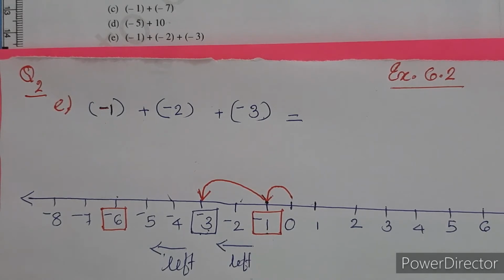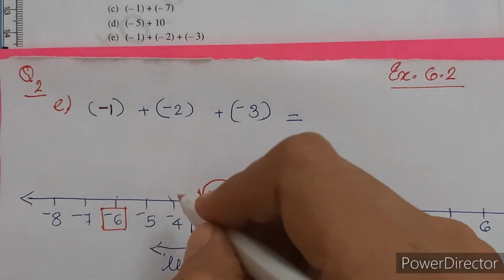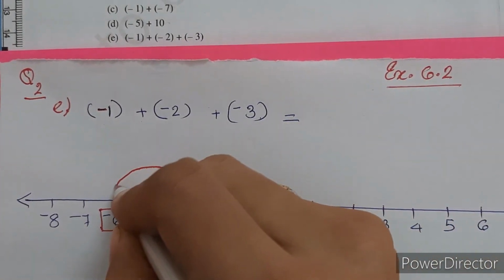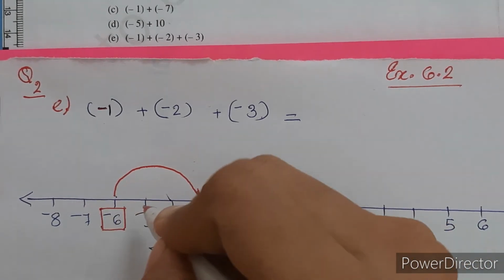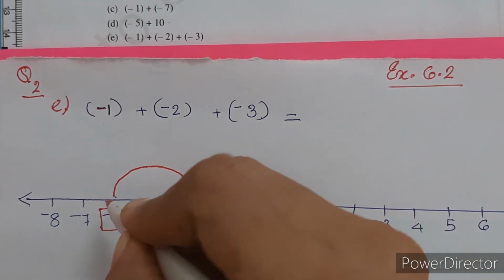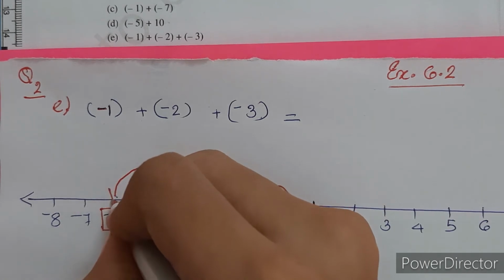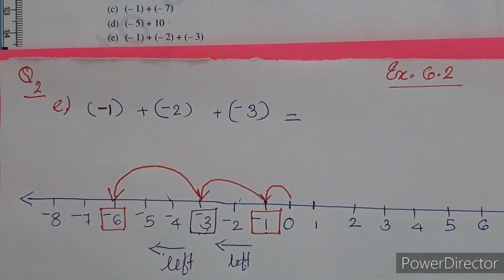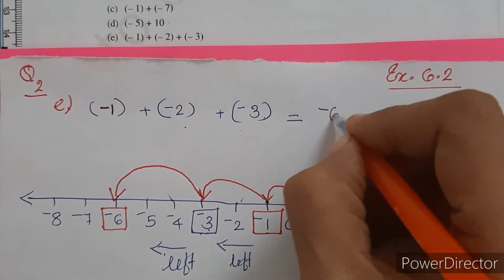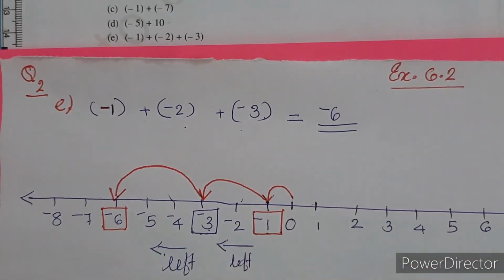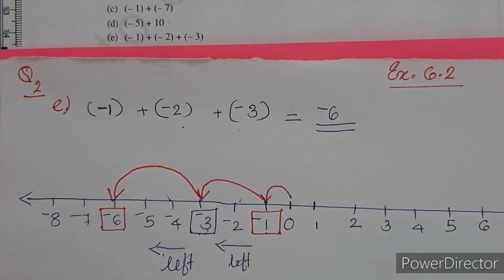So it will express like this. So we should reach minus 6. So the answer of minus 1 plus minus 2 plus minus 3 is minus 6. That is also a negative integer. Right, children?